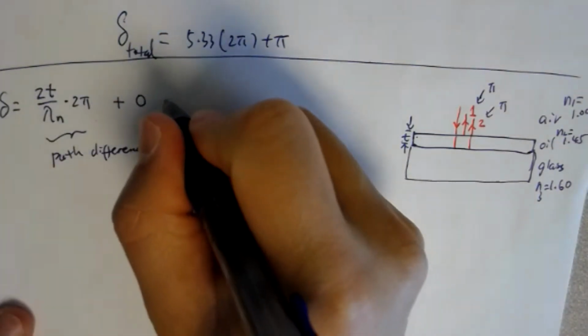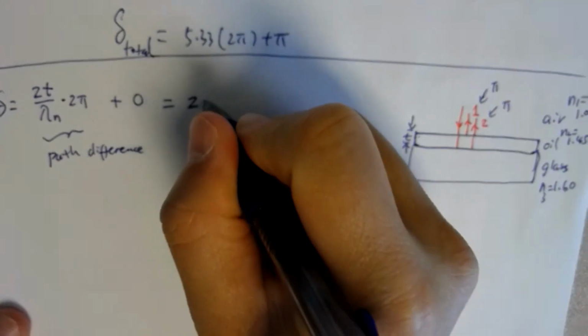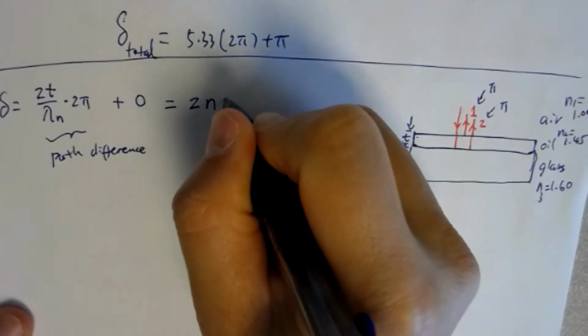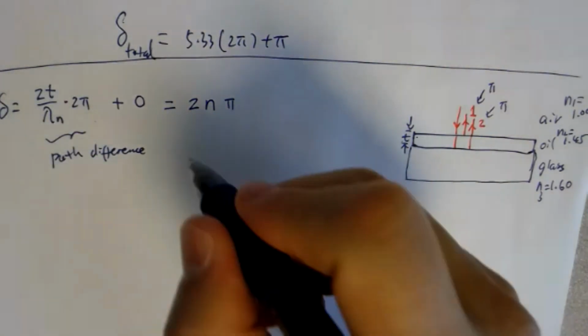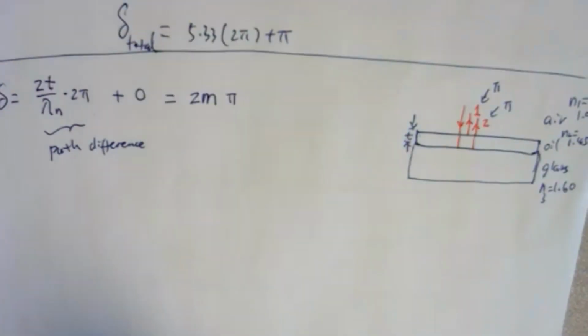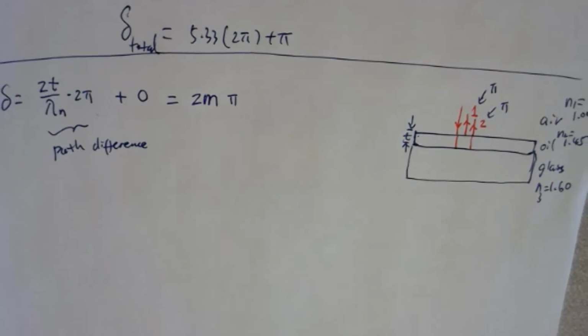So these should add up to 2 times m times pi, or n times 2 pi, or you can use m. Let's stick with m, because that's the notation we used a few slides back.